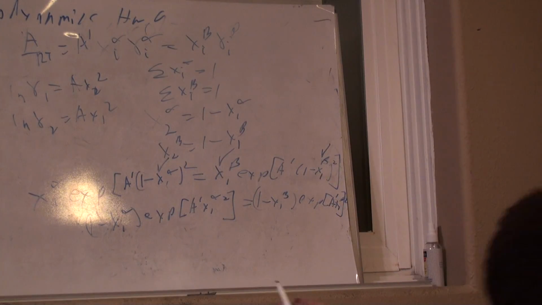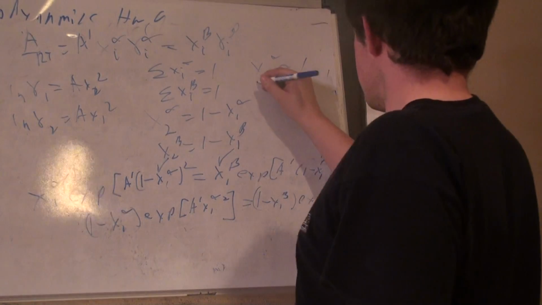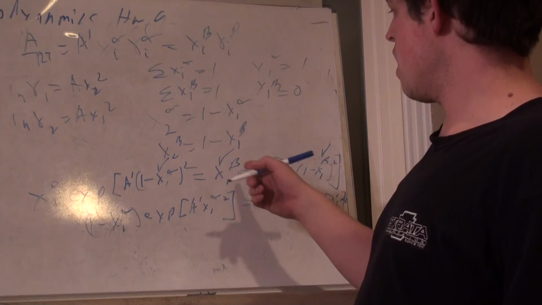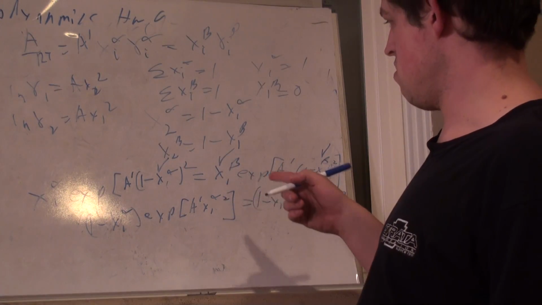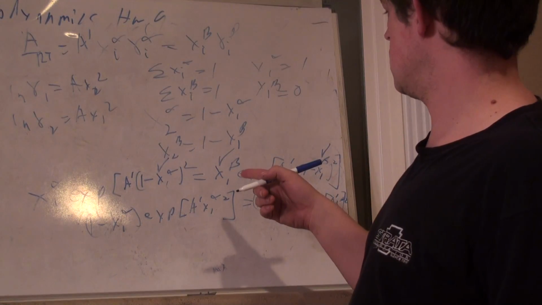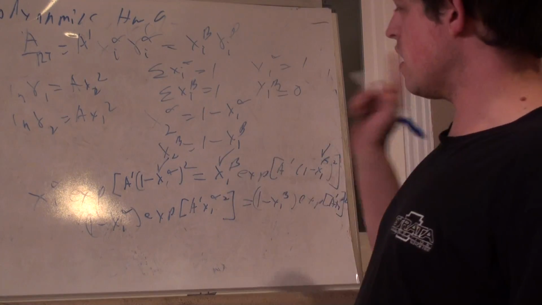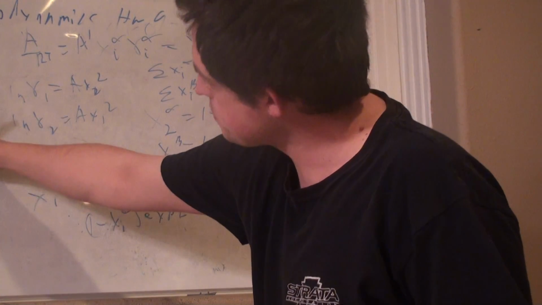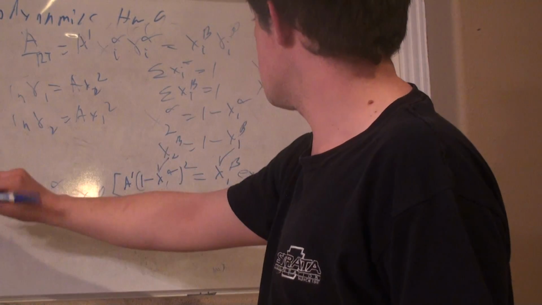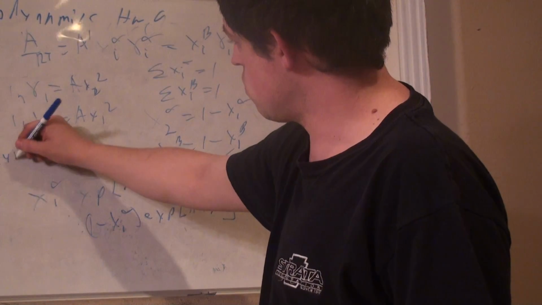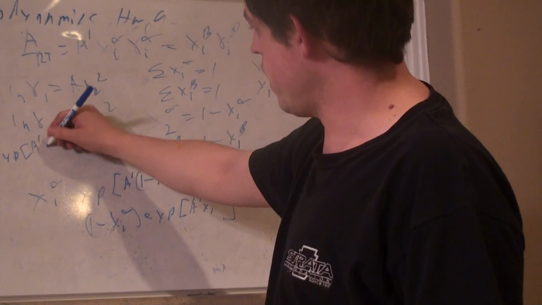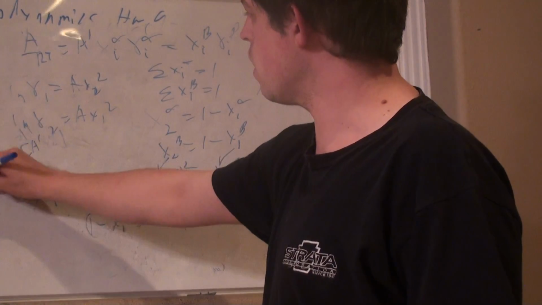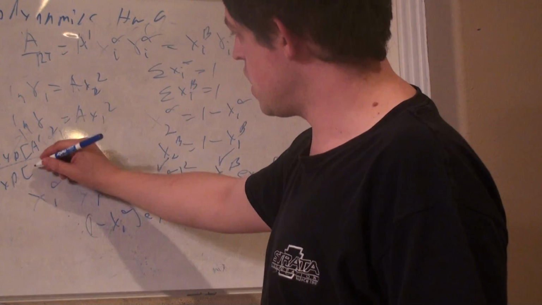If I say x1 alpha is equal to 1 and x1 beta is equal to 0, I want to solve for x1 beta, so I would use this equation so that x1 beta is equal to x1 alpha times exponential of A prime x2 alpha, divided by exponential of just A prime.